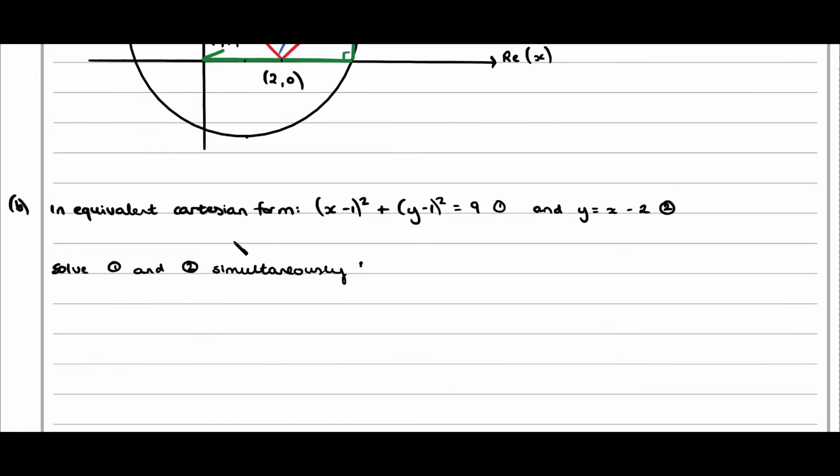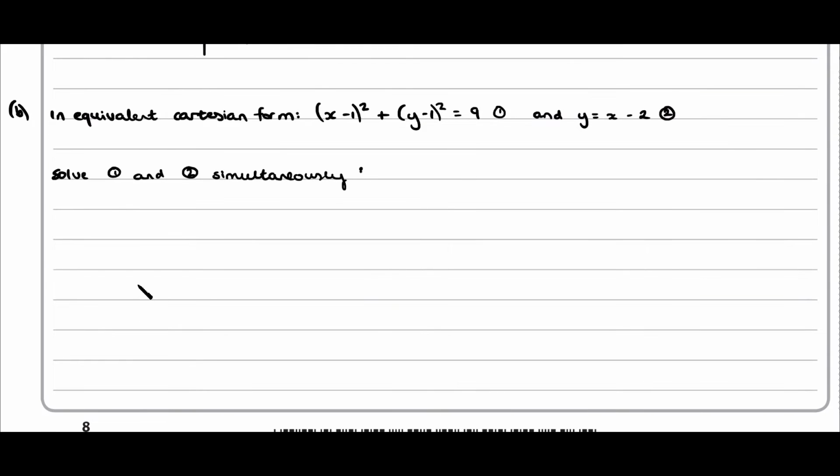If we solve equations 1 and 2 simultaneously, we can substitute in for this y, x minus 2. So we have x minus 1 squared plus x minus 2 minus 1 squared equals 9. So we have x minus 1 squared plus x minus 3 squared equals 9.